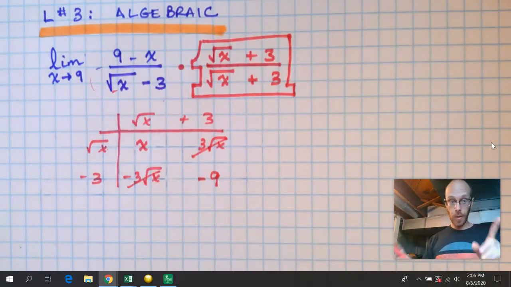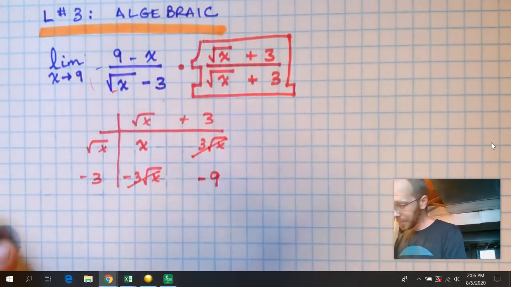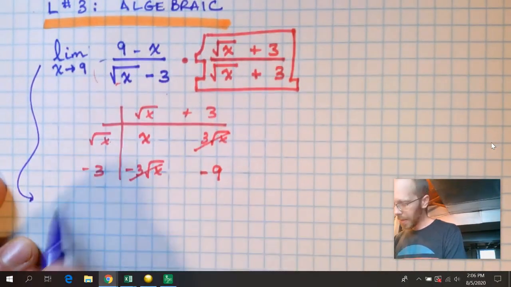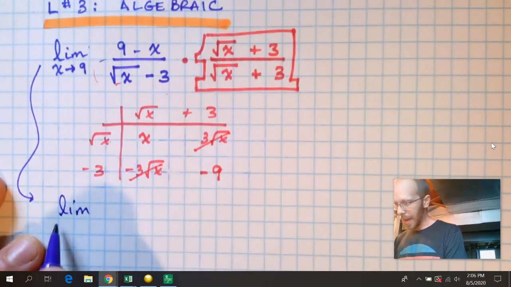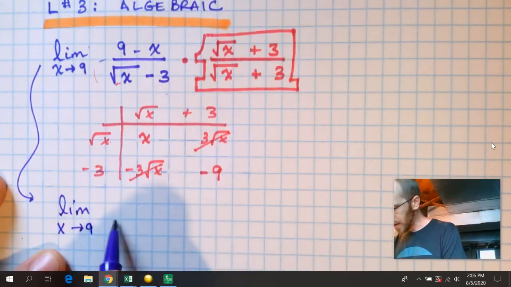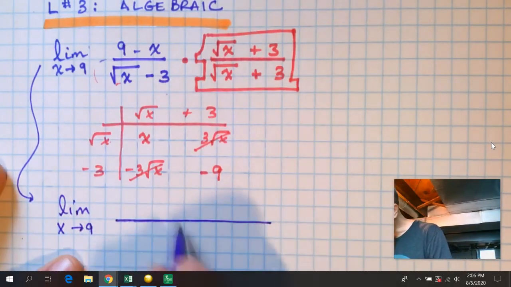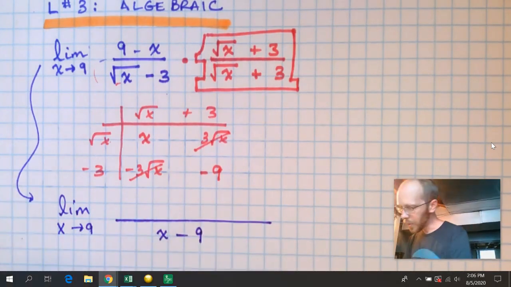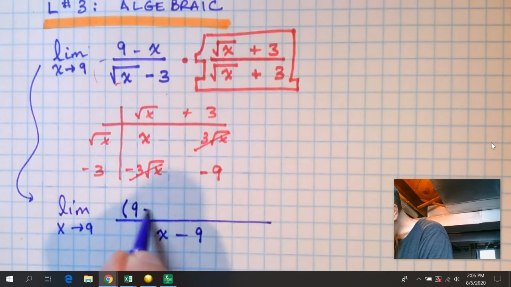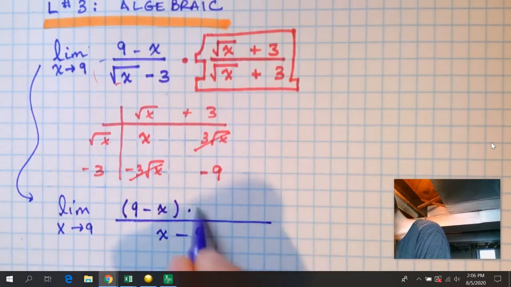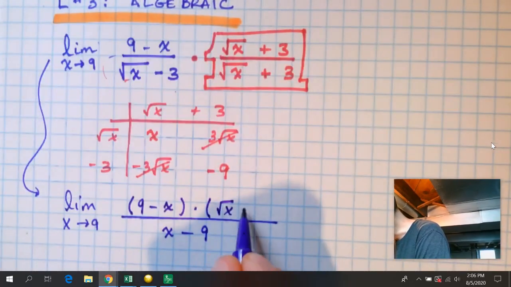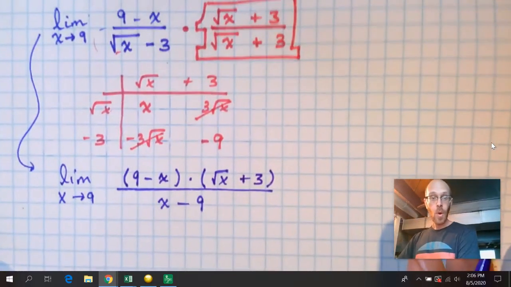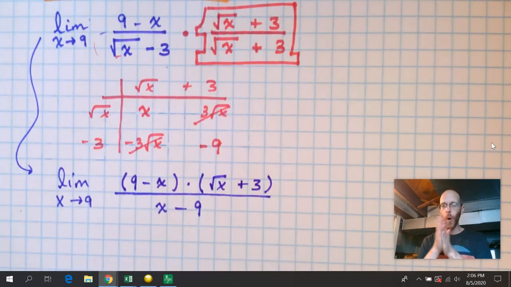Now, you are going to be tempted to do the same thing in the numerator. Don't. You'll see why in just a second. So this is equal to the limit as x approaches 9 of, denominator is x minus 9, numerator is (9 minus x) multiplied by (the square root of x plus 3).